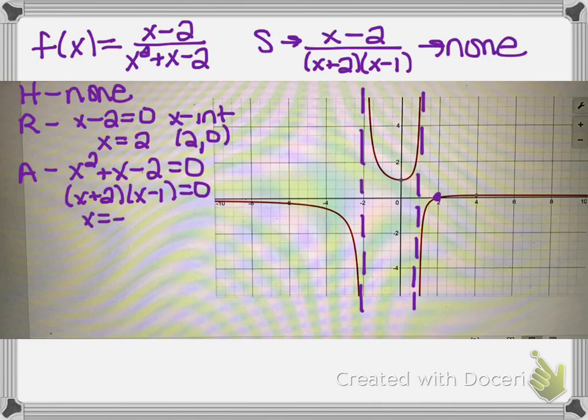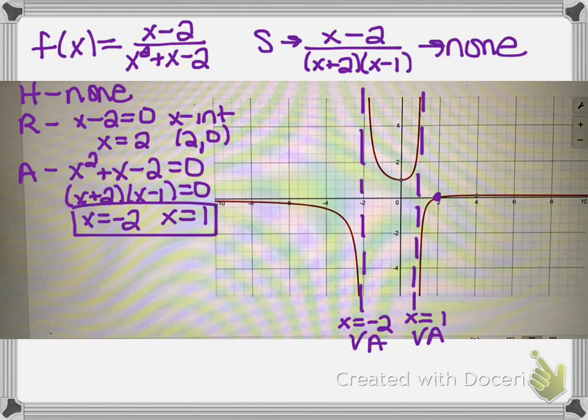I get x equals negative 2 as a vertical asymptote, and x equals positive 1 as a vertical asymptote, which agrees with these 2 locations on my graph. Here's x equals negative 2, here's x equals positive 1 as vertical asymptotes on our graph. So there are our VAs, or vertical asymptotes.